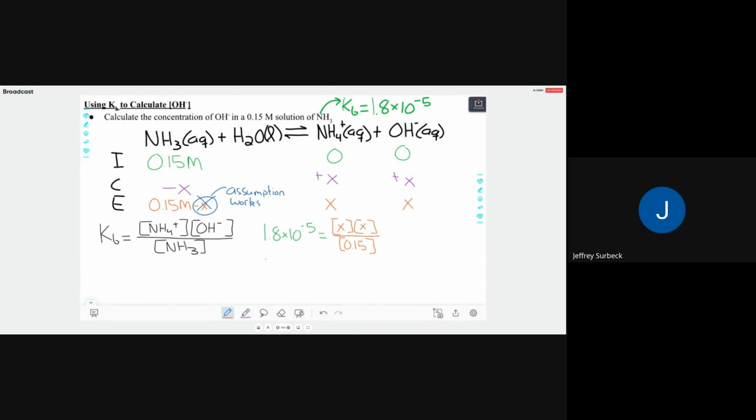Okay, so our X equals 1.6 times 10 to the negative third. And so what's the so what out of that X? What is X really equal to that we're after? The OH, all right? So this is the concentration of our OH minus, okay? And we could put that as big M for molarity.